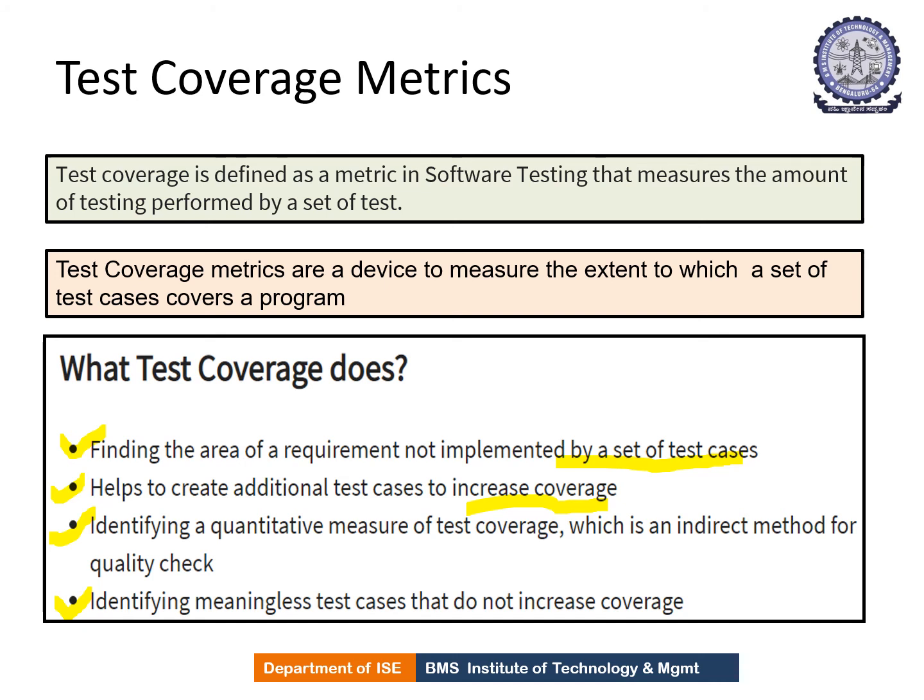Because of this, test coverage is very important, because we want to ensure that at least once we cover each program statement before we come to the end of the program. We completely see each and every statement while executing the program.